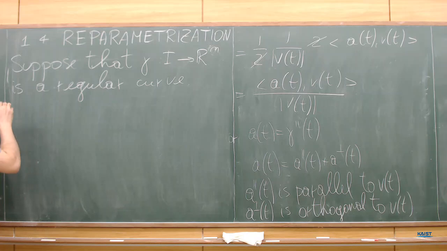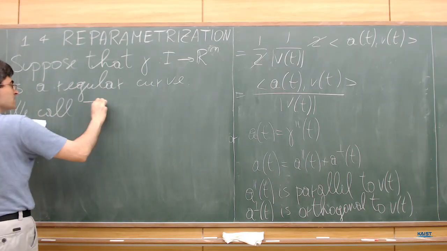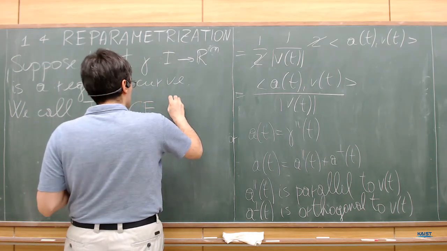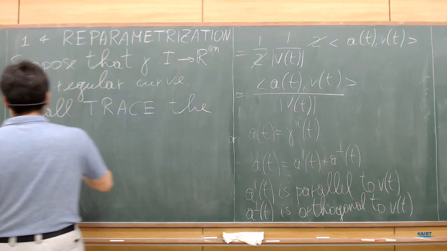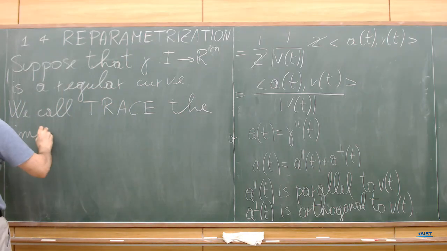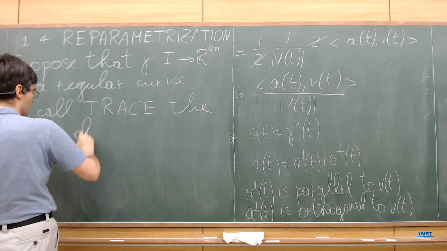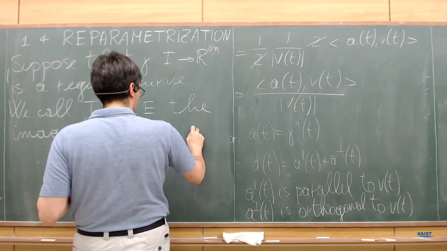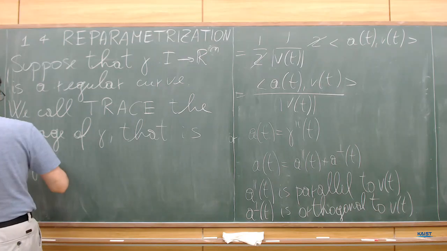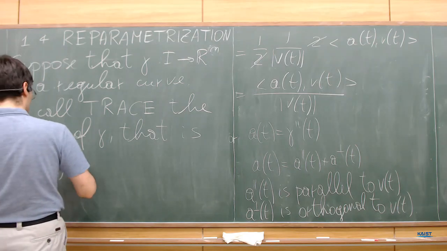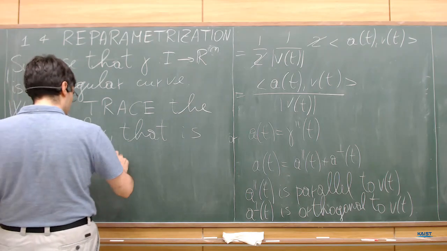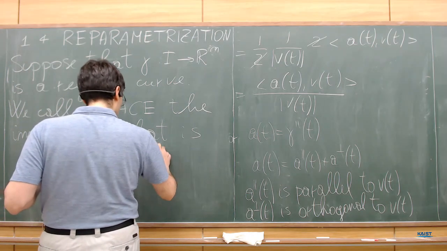Then we call trace the image of gamma, that is gamma of I, equal to all the values gamma of t for t in I.